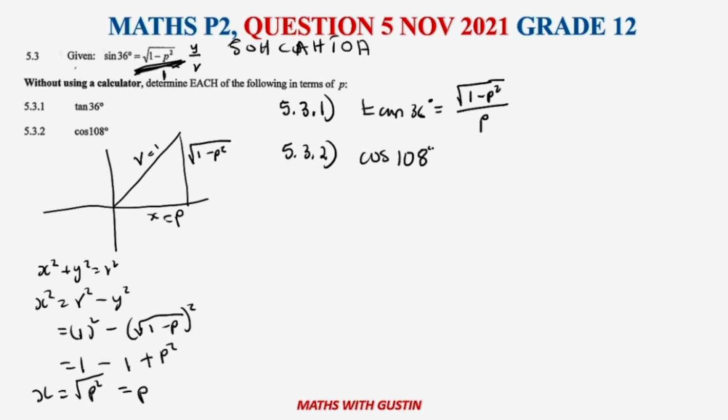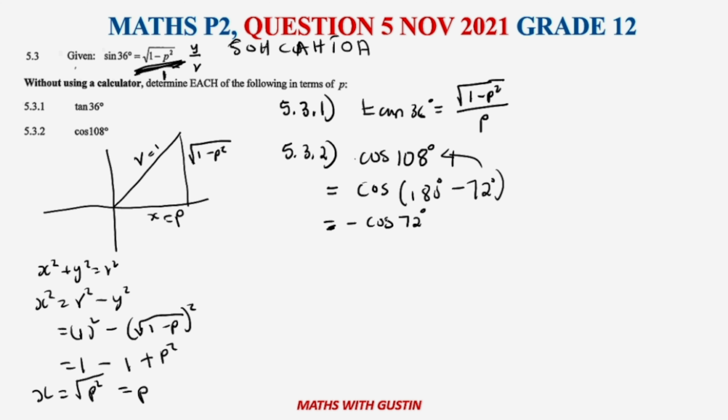We need to reduce this one to something that we are familiar with. So this one is going to be given by cos of 180 minus 72, which takes us back here. 180 minus 72 gives us negative cos 72.